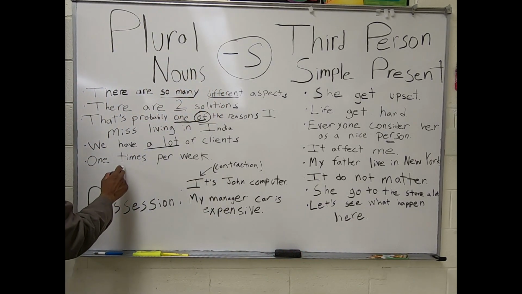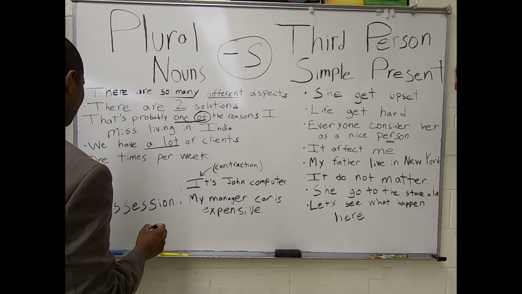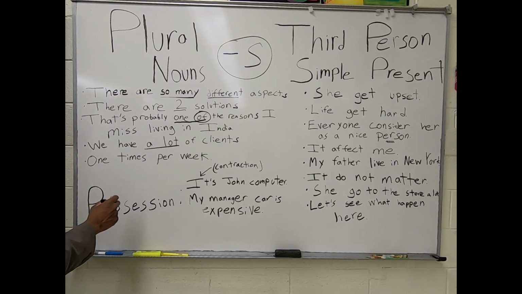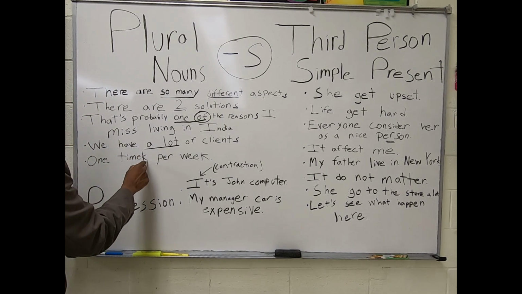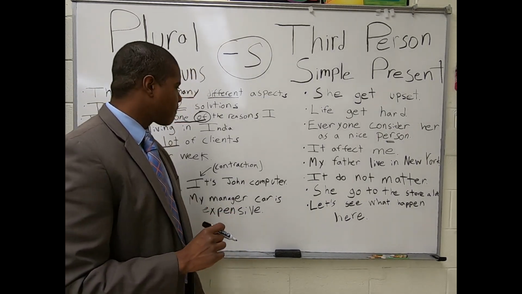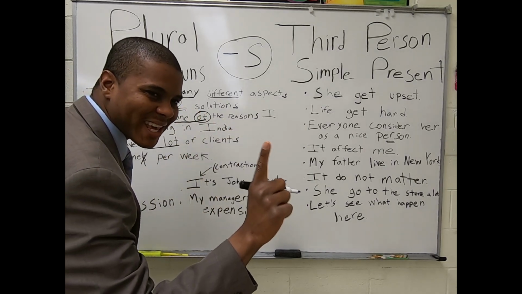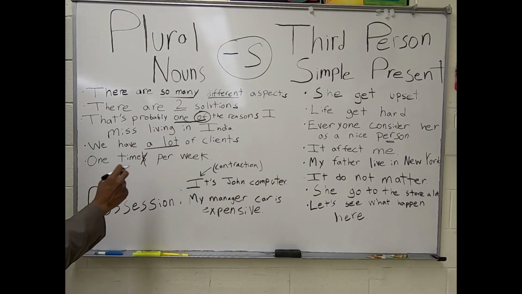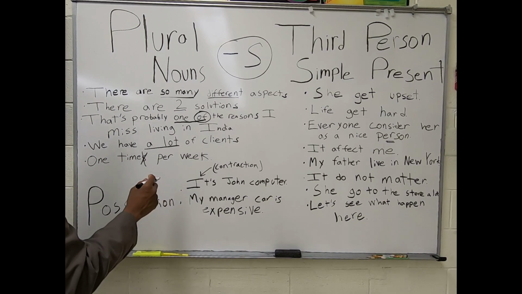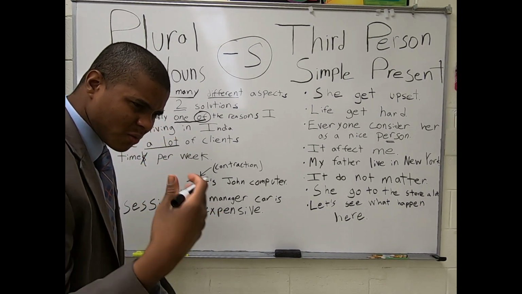Let's look at 1 times per week. 1 times per week? No. 1 time. 1 time per week. Okay? Because it's just one. It's singular, okay? It's not multiple. Now, you may be thinking, well, these are reoccurring times. There are many weeks per week.